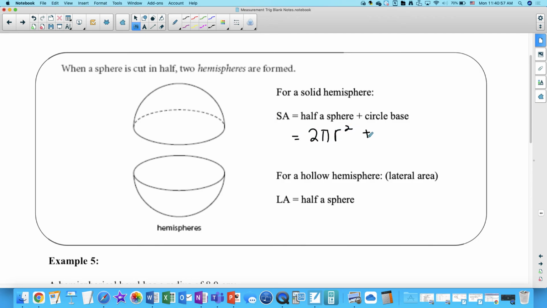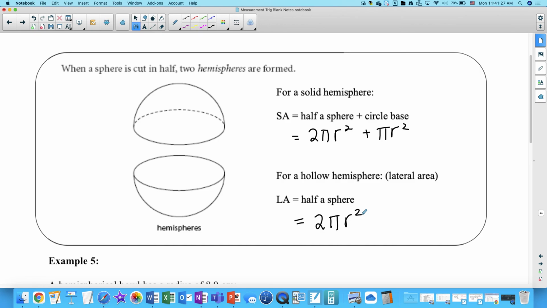And then we have to add the circular base, which is pi r squared. Now some people just write this as 3 pi r squared. You can absolutely do that. Personally, I like to split it up because I like to be able to see each surface within the formula. But if you want to write it as 3 pi r squared, that's totally fine. If you're looking at a hollow hemisphere, that would just be half a sphere. That's 2 pi r squared.